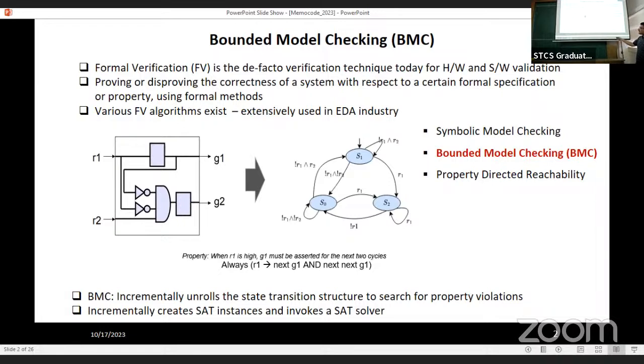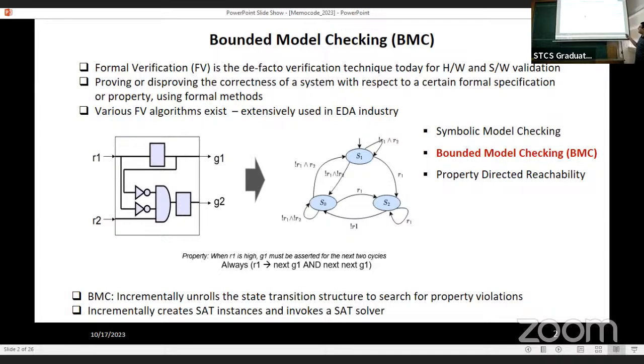This is a semi-formal translation of this English language specification. And the task of a formal verification algorithm is to examine whether, for any value of R1, R2, this specification is violated. So that's the simple illustration of formal verification.